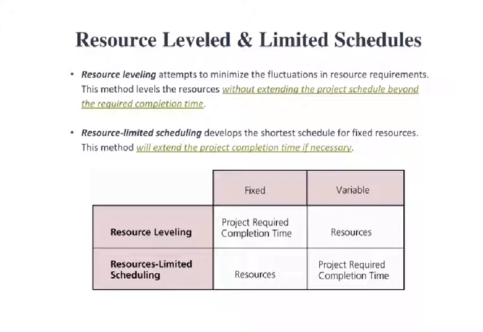The difference between these two is what you allow to flex and what you allow not to flex, or what you require to be fixed. In resource leveling, you fix the duration of the project. The project must be concluded by the required end date.